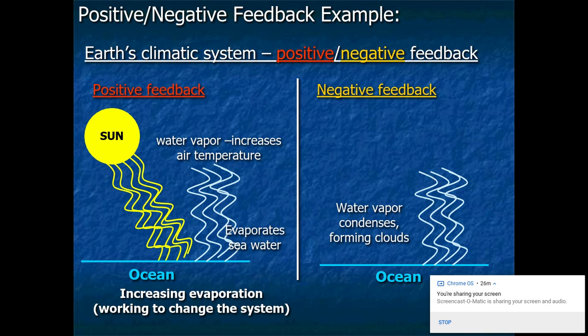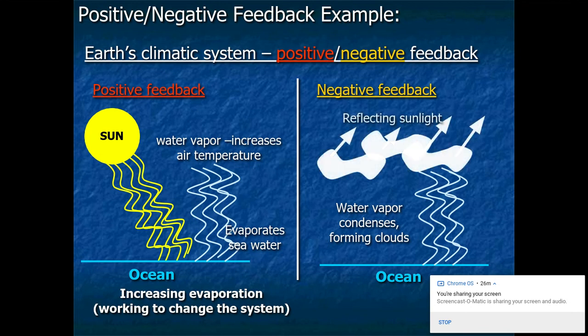And at some point or some height in the atmosphere, this water vapor will condense. It will actually go from a vapor back into a liquid, producing clouds. And so at some point, the atmosphere begins to form clouds within various levels and elevations of the atmosphere. Those clouds in turn begin to reflect the incoming sunlight.